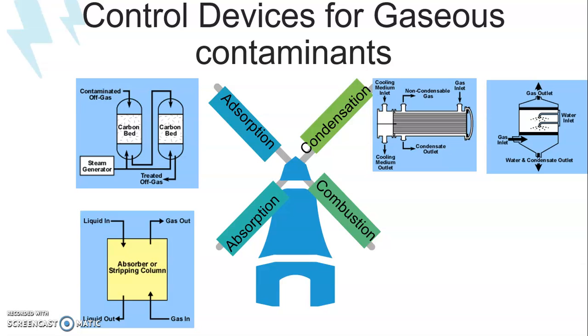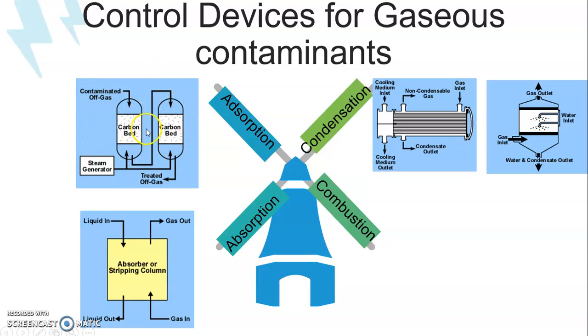In this chapter there are 4 processes we use to treat gaseous contaminants. The first is adsorption and then absorption; I hope that you can differentiate between these two. And then condensation and combustion.